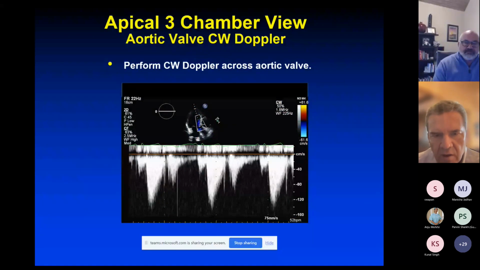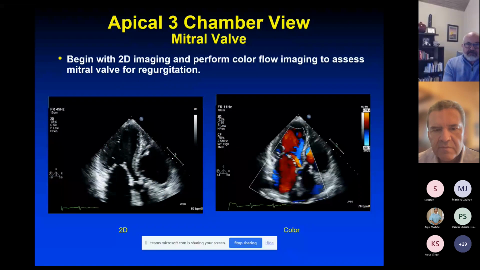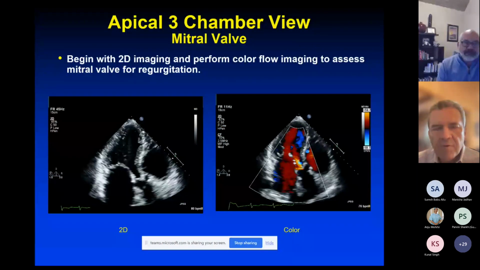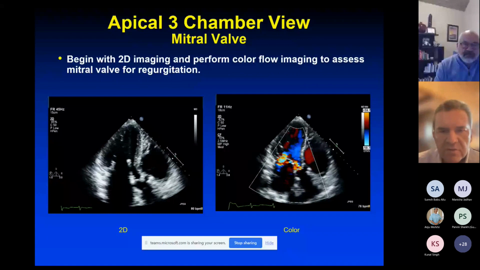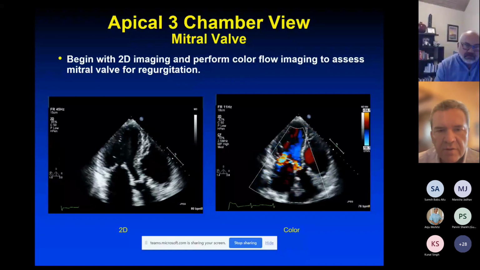And in that same view, please turn on continuous wave Doppler to assess maximal flow velocities across the aortic valve. And in this apical 3-chamber view, we'd like you also to image the mitral valve, both with and without color flow Doppler.